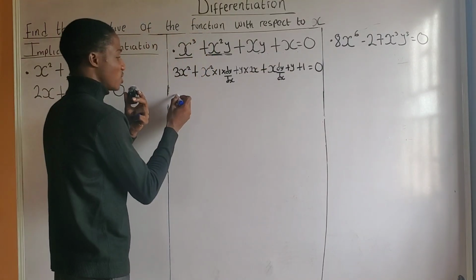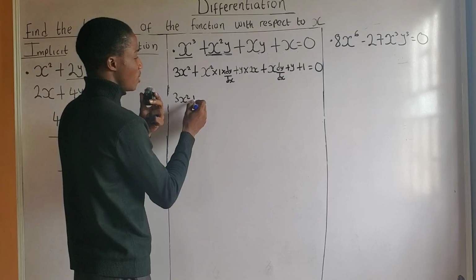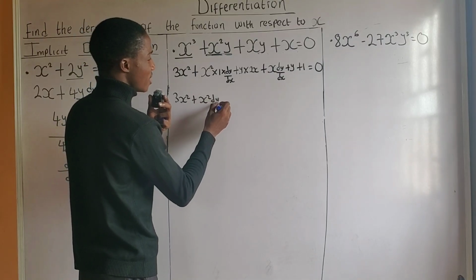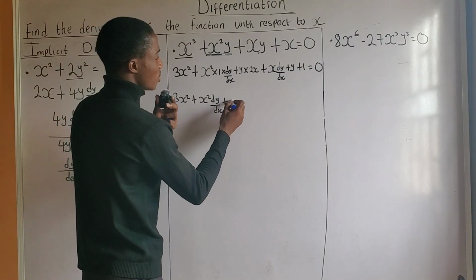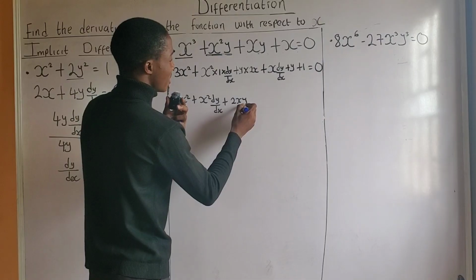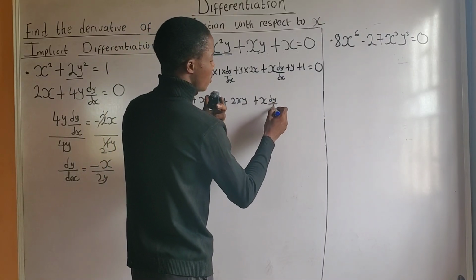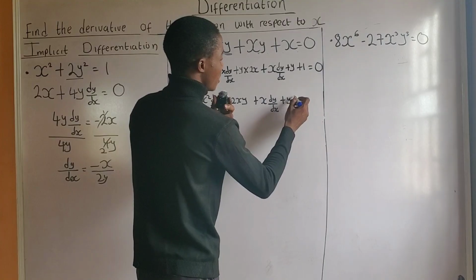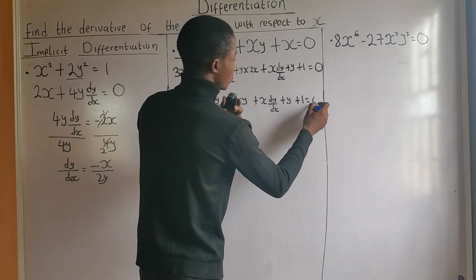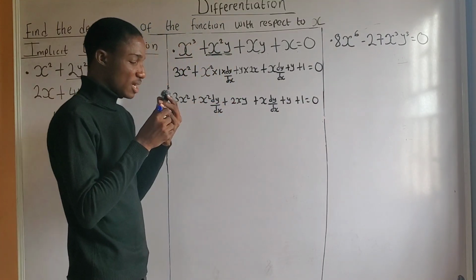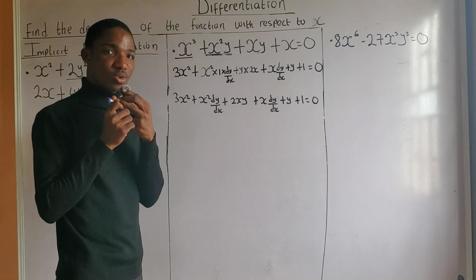Now let us simplify. I'm going to have 3x squared plus x squared dy all over dx plus 2xy. Are you getting it? Plus x dy all over dx plus y plus 1 equals to 0. Okay. Now the next step is that you have to make dy dx the subject of the formula.